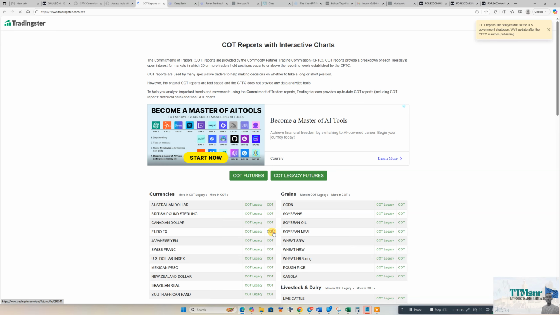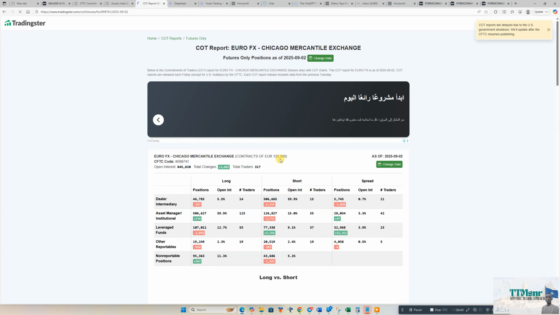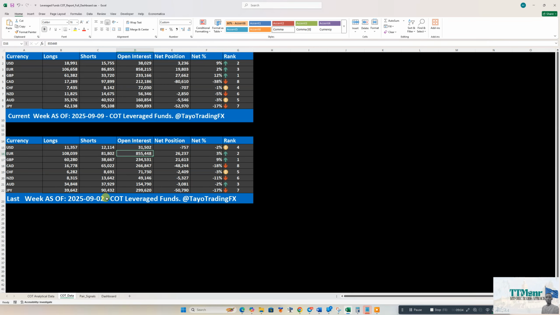This is the euro. When we are at the euro, let us start our first week there, and the contract value is the same. Always understand that this is the contract value. So we will take this, and remember this date must be the same as the same data. Okay, and then put it over there.